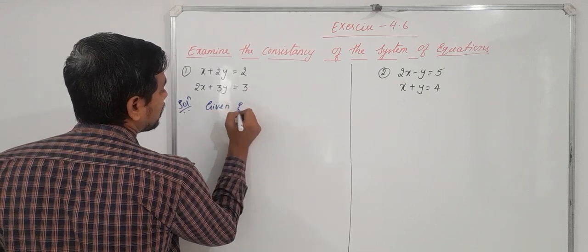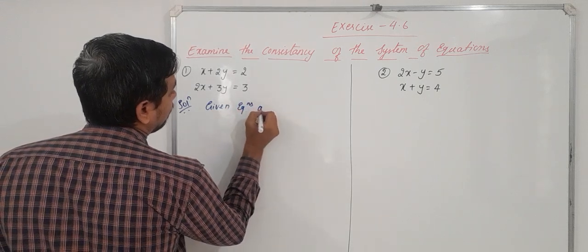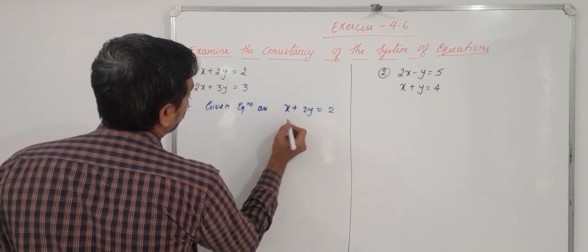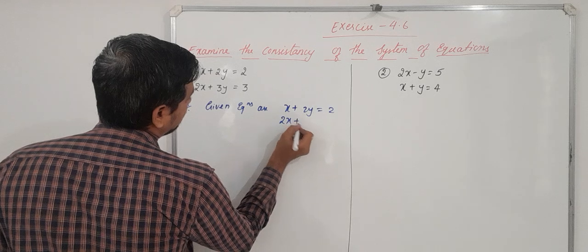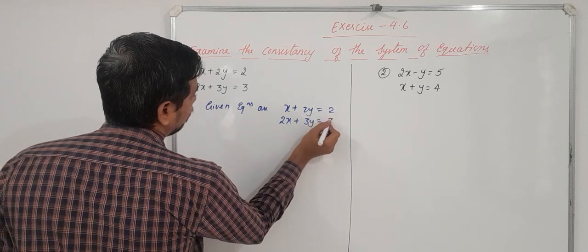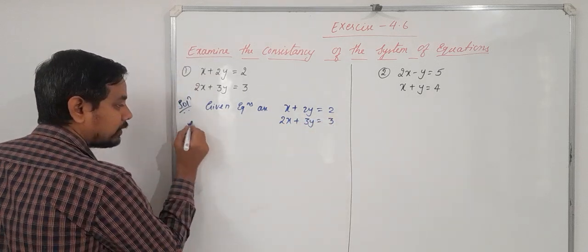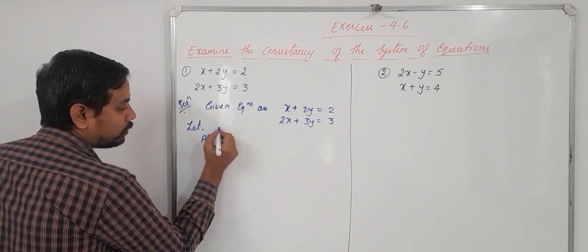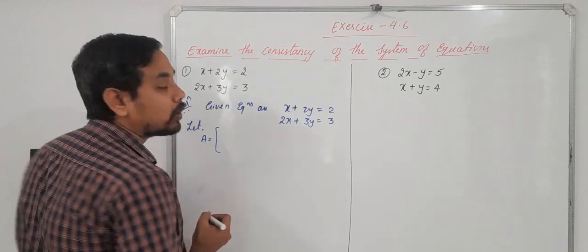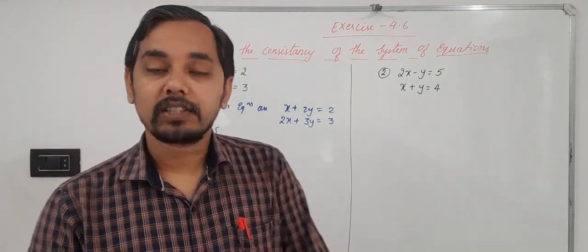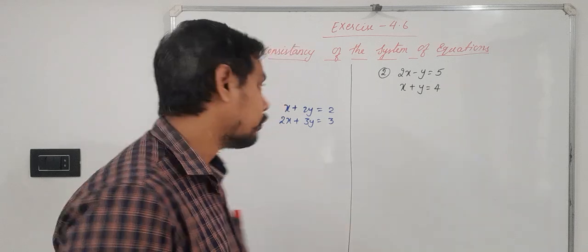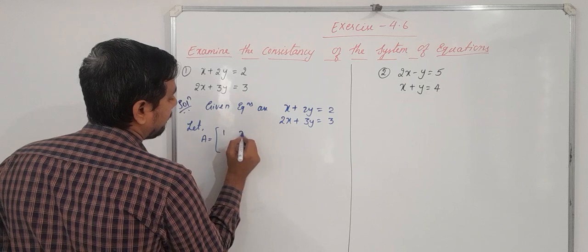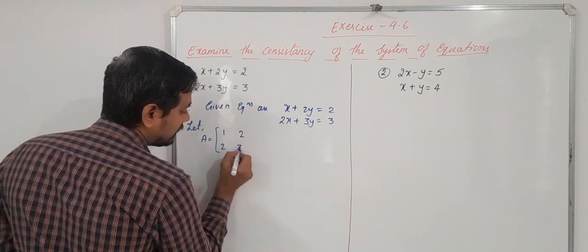Let A be the matrix consisting of the coefficients of x and y. What are the coefficients of x and y here? Here 1 and 2, and here 2 and 3.